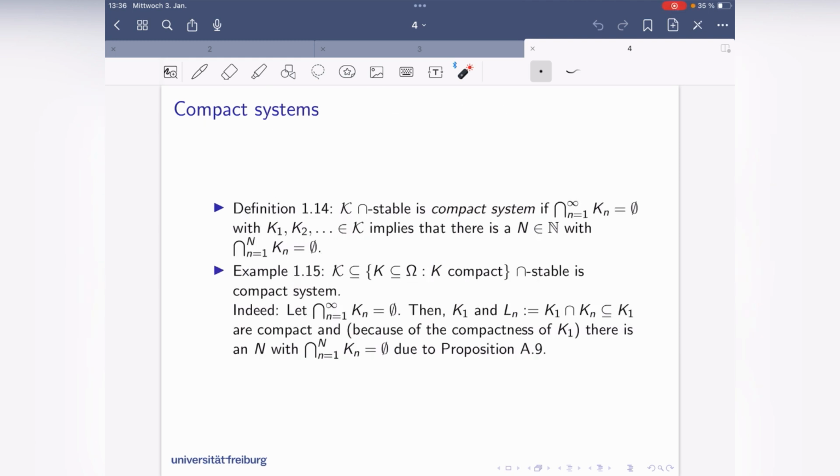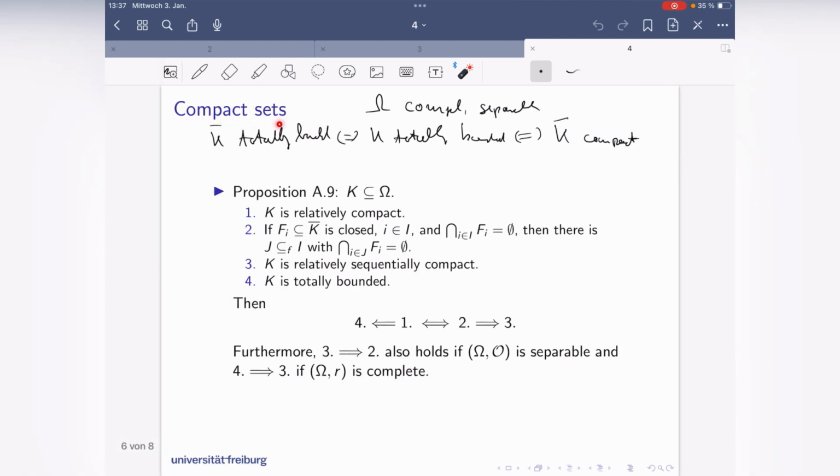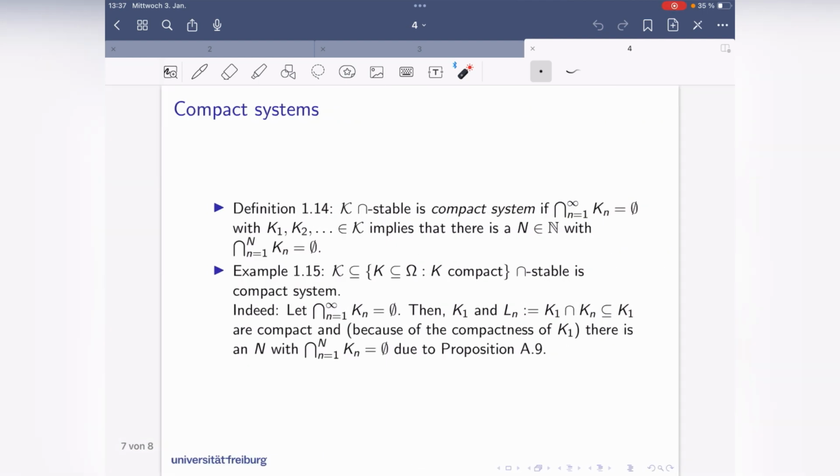So let's come back to the things that we need for measure theory. There are not only compact sets, because we have set systems, so now we have compact systems, which are compact set systems. They will be important for constructing measures later on.